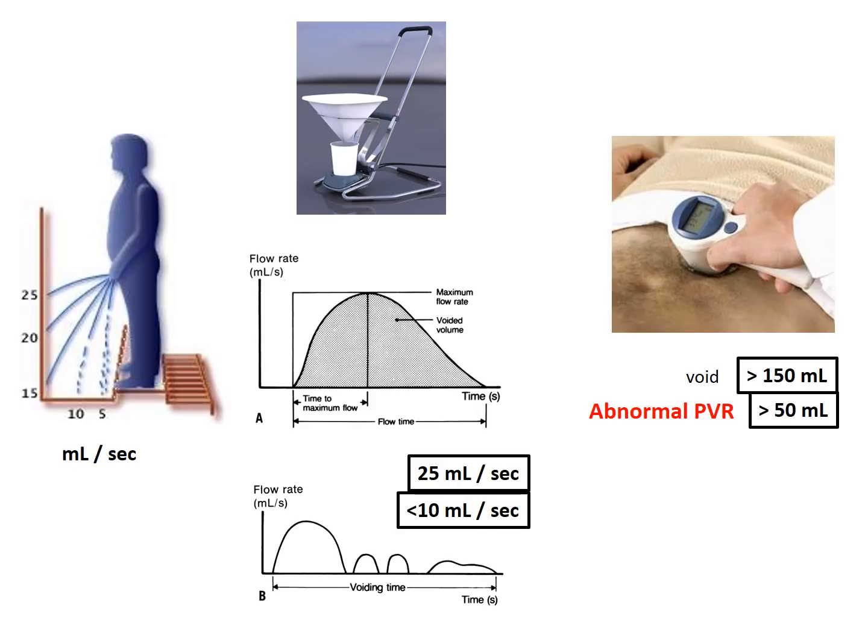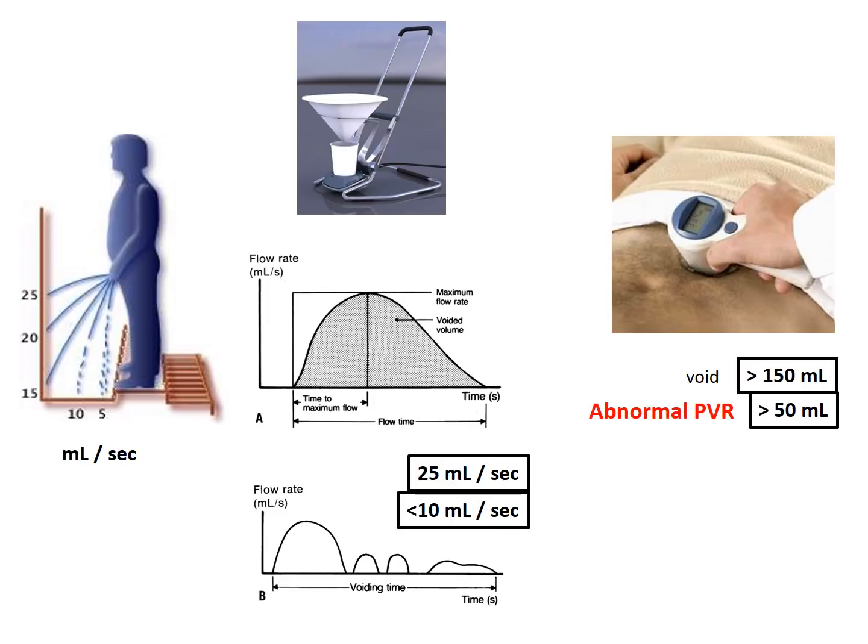So if you're looking at the very left picture, you can see at about 5 to 10 milliliters per second, the flow, you really can't get an arcing flow, and the flow is almost just straight down due to gravity, and it may be more of a leaking as opposed to a nice steady urine stream.